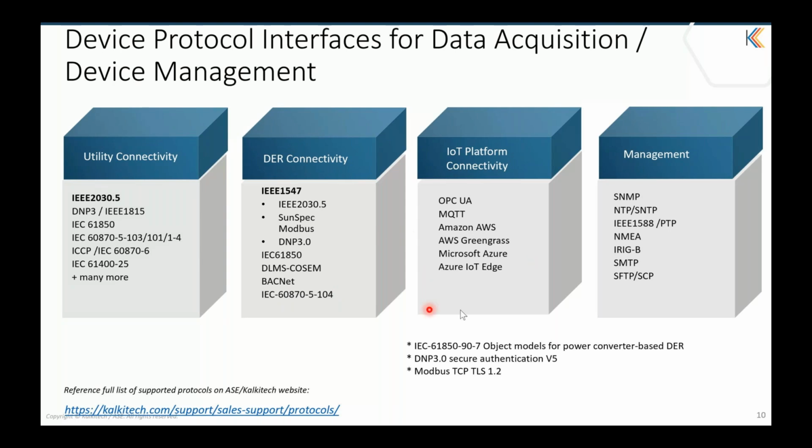It also has a northbound protocol to integrate data with external applications. As we saw in the previous slide, the aggregator can also be used to integrate with market applications or any other operation and maintenance applications, in addition to the utility interconnection.